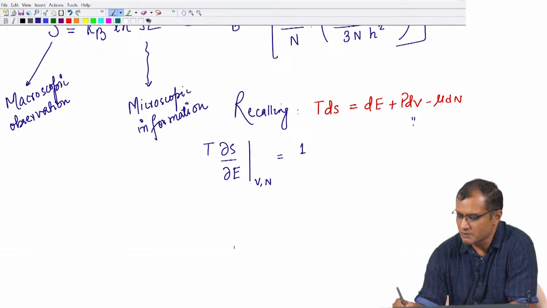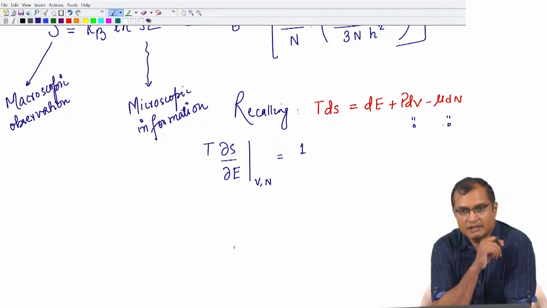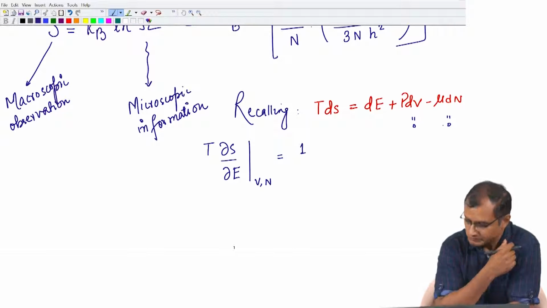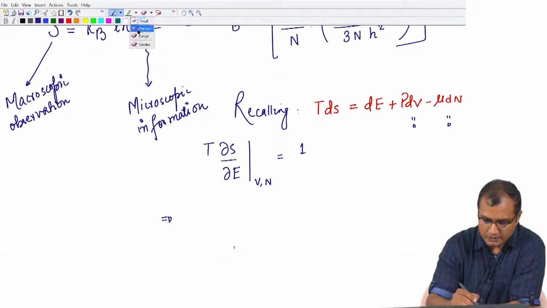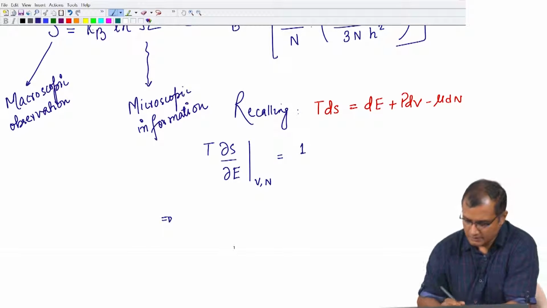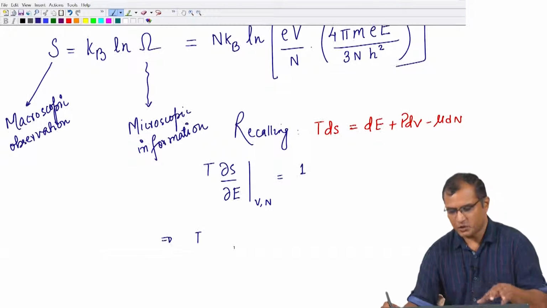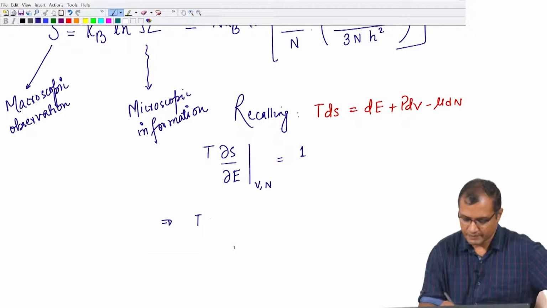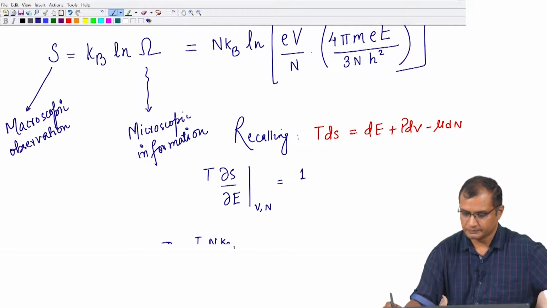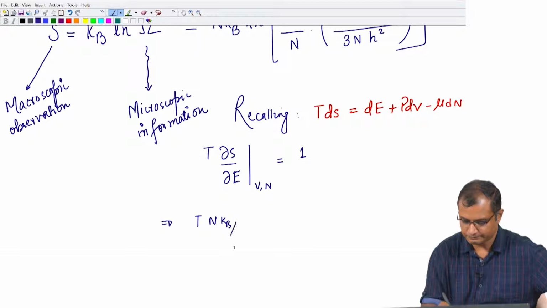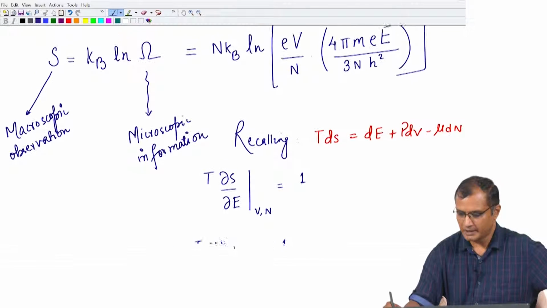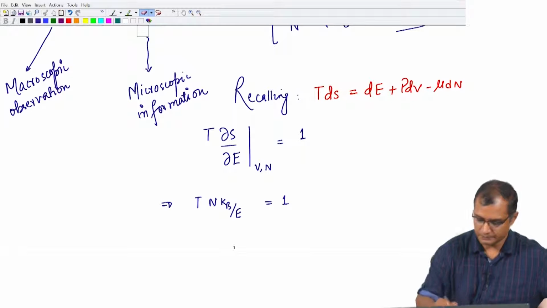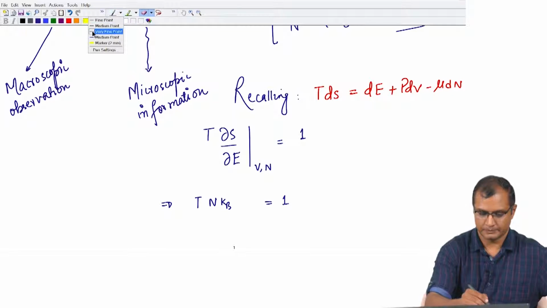So, you will see that this will go to 0 and this will go to 0 because N and V are taken to be constants, and what you get on the right hand side is just 1 because you have taken derivative with respect to E. So, this will give us T times, if you look at your entropy expression, taking derivative with respect to E will give us nothing but N kB over E equals 1, and there will be a factor of 3 by 2, which is precisely this factor.